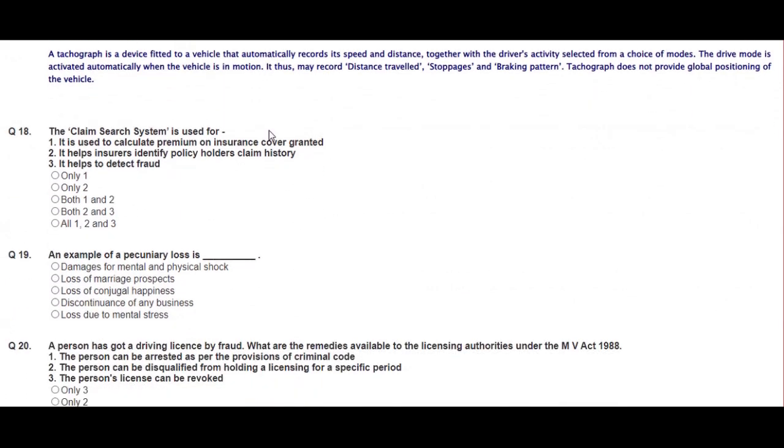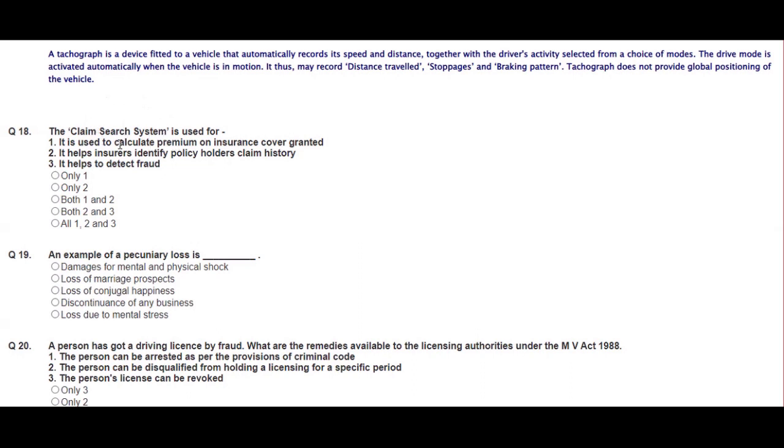The claim search system is used to calculate premium on the car covered, the insurer identifies the policyholder and claim history. It helps to detect fraud. You will simply choose that claim search is the system.